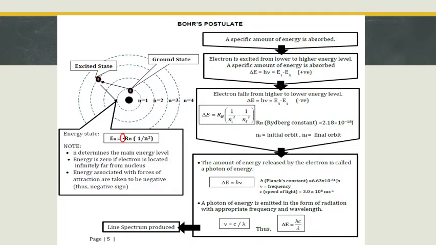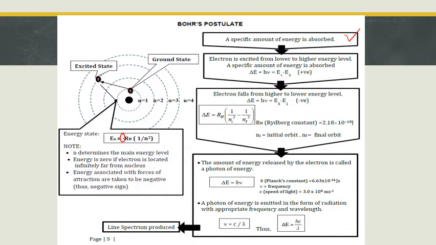So next, kat sini apa yang dia cuba cerita pada you, ini macam mana line spectrum terbentuk. First kali, of course, kita akan absorb the energy. When energy is absorbed, barulah elektron boleh move from lower energy level to higher energy level. So, bila elektron absorb energy, elektron akan excited daripada lower energy level to higher energy level.